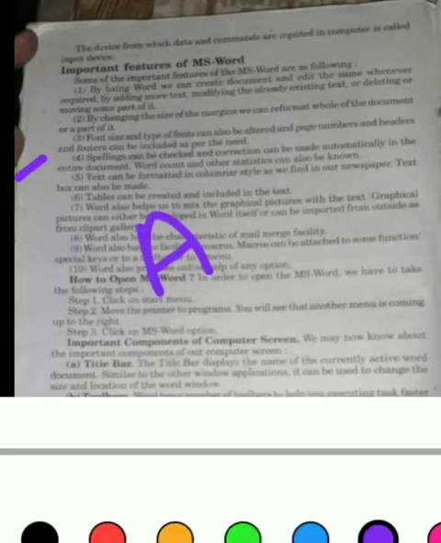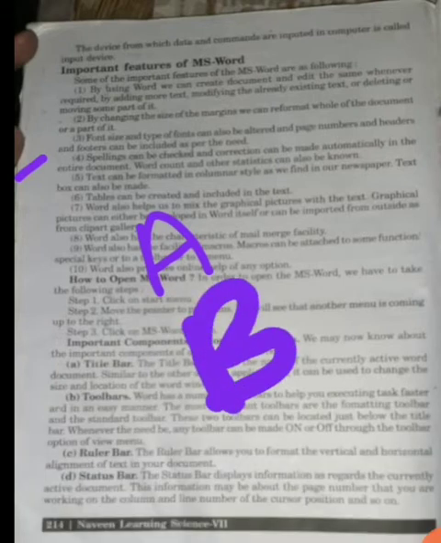Now students, there are many more applications, like font size and type of font can also be altered, and page numbers and headers and footers can be included as per need. Suppose I am writing here in this font, that is A. But in MS Word the font can be changed. It can be like this, or if we write it generally, you can write it in a simple way.